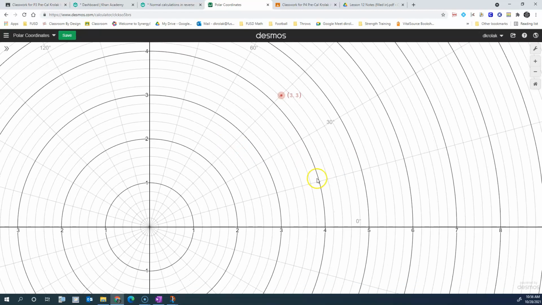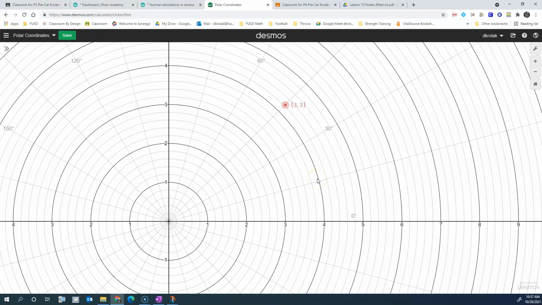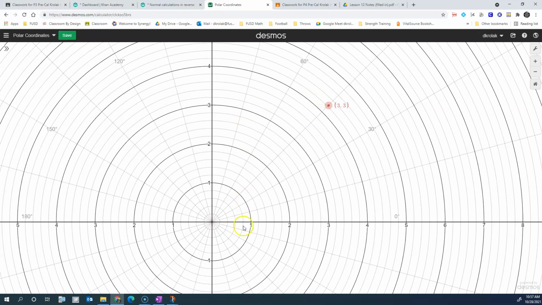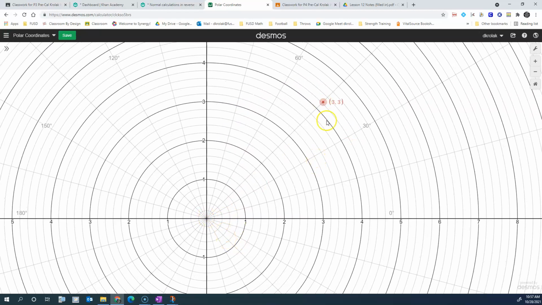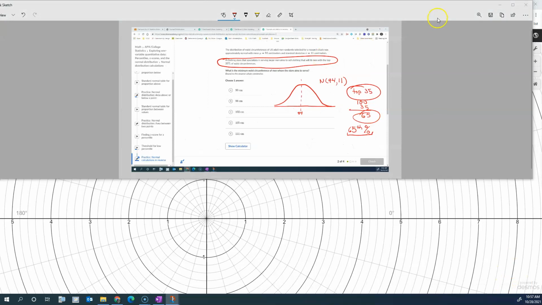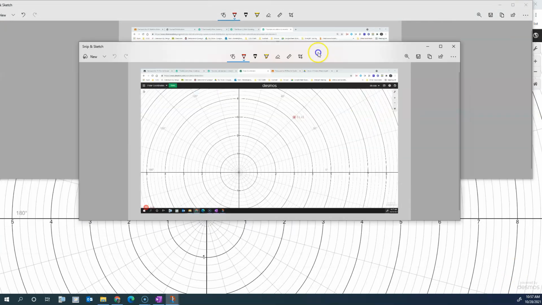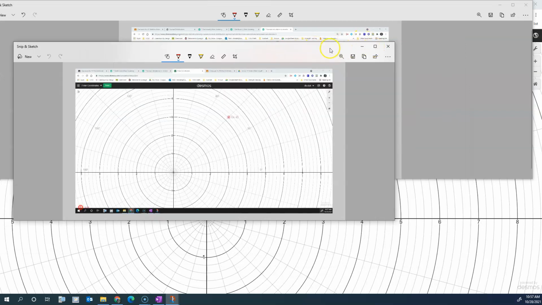Now, the way that I could describe the location of this point, I could say this point is a certain number of degrees from the positive real number axis. Let me take a snip. I can describe that same location.